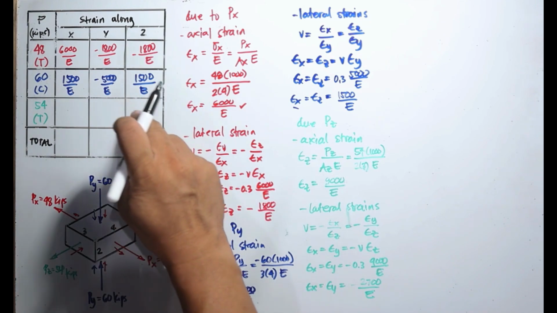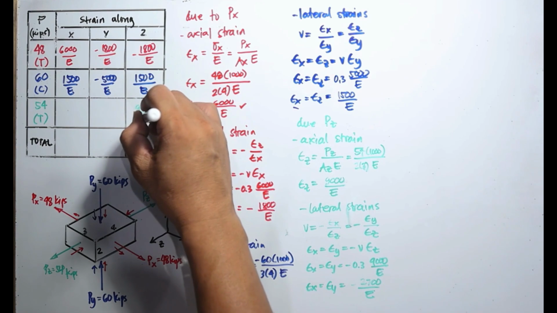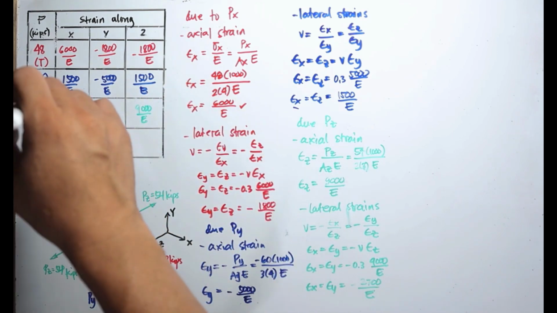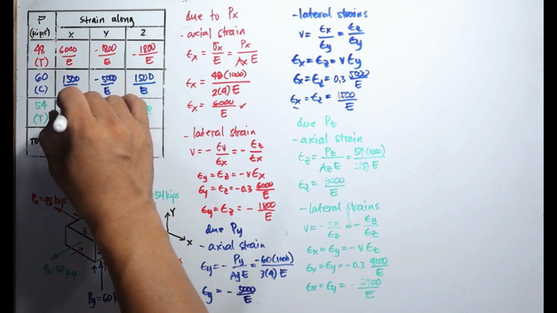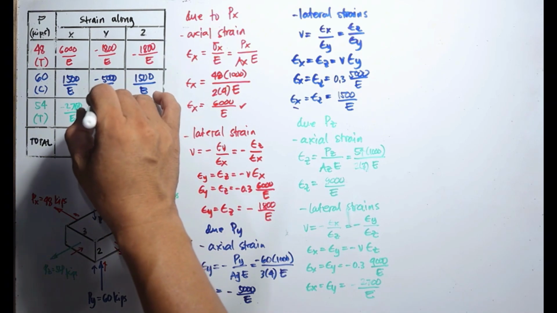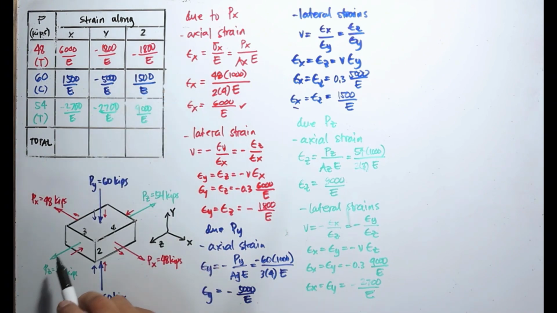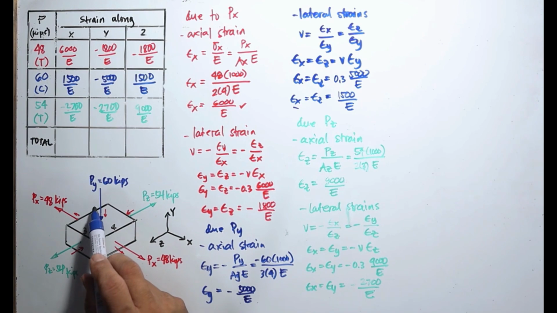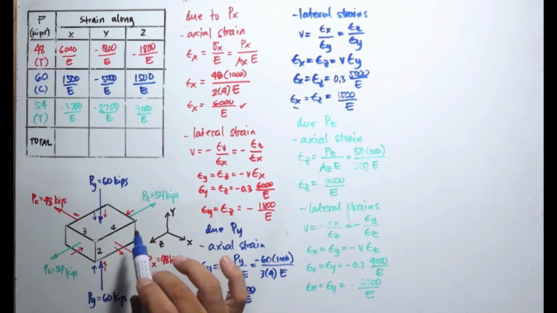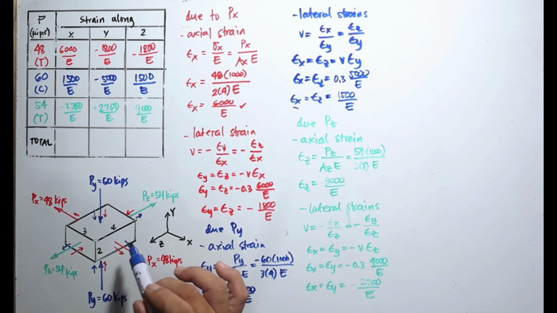Okay. So let's tabulate. Axial strain along Z is this one here. That's tension, so positive 9,000 over E. And then the corresponding lateral strains, negative 2,700 along X and negative 2,700 along Y. So this P sub z, by the way, going back to P sub y, will cause an axial strain along y in compression, and lateral strain in tension along y and along x.